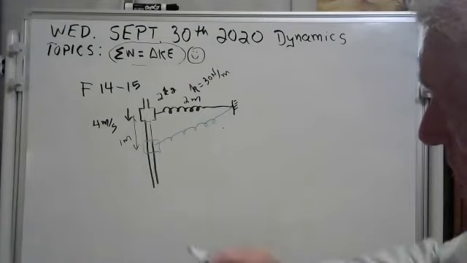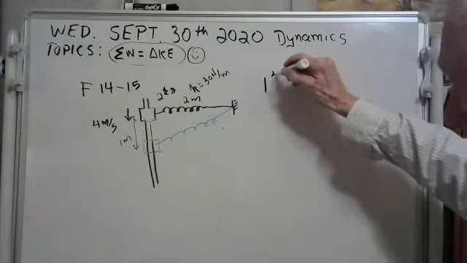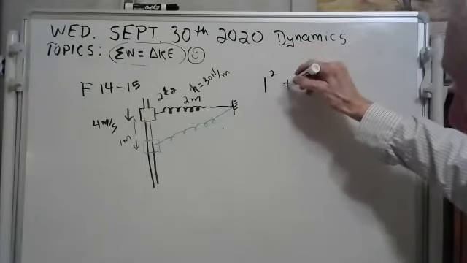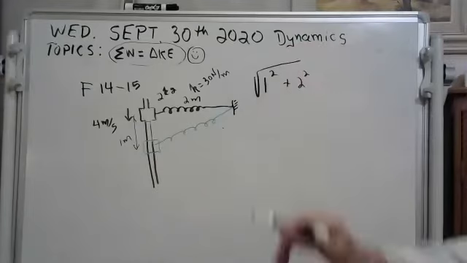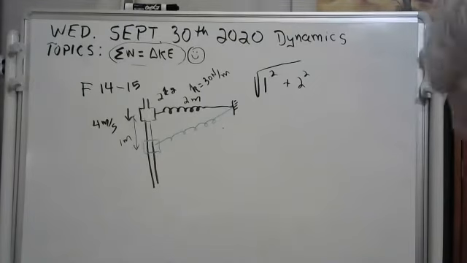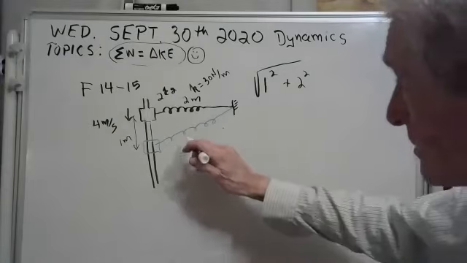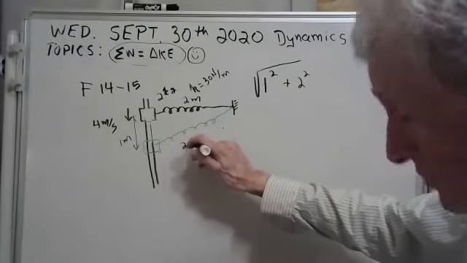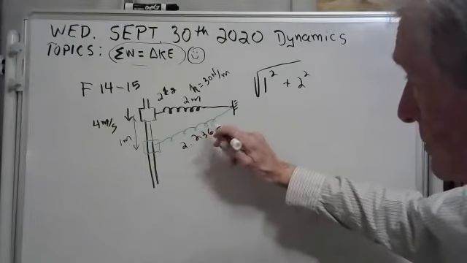It's the square root of 1 squared plus 2 squared. That's the square root of 5. Square root of 5 is 2.236 meters.